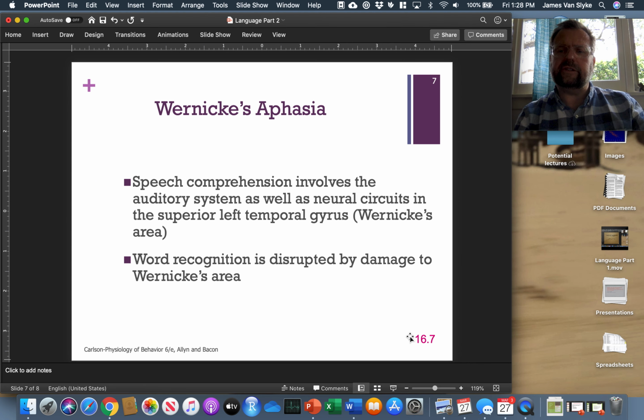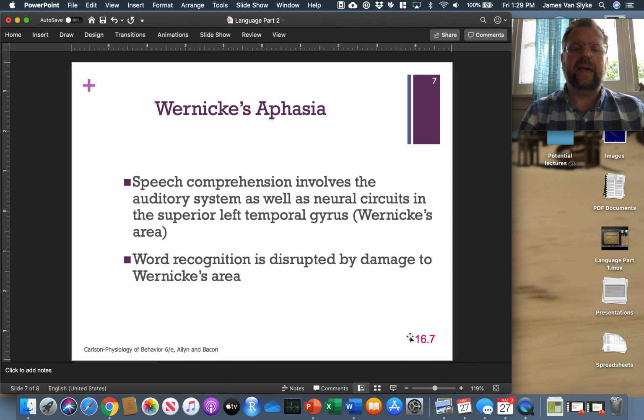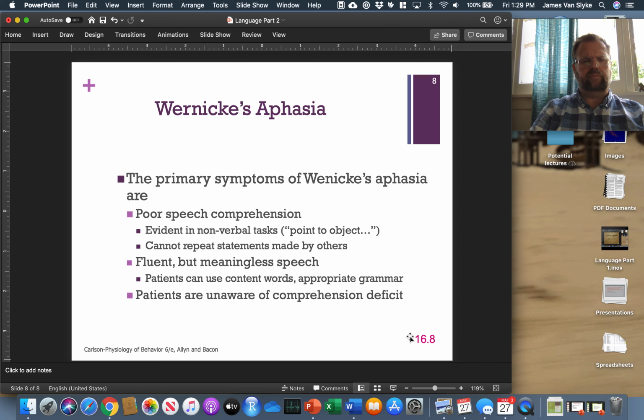Wernicke's aphasia is in some ways very different. Speech comprehension involves the auditory system, as well as neural circuits in the superior left temporal gyrus, which is Wernicke's area. Word recognition is disrupted by damage to Wernicke's area.